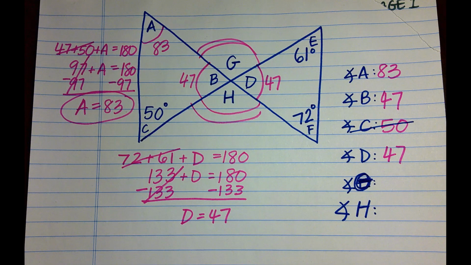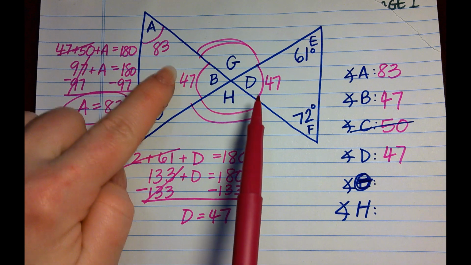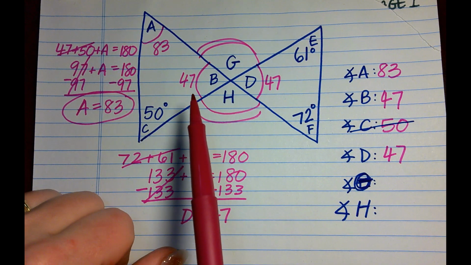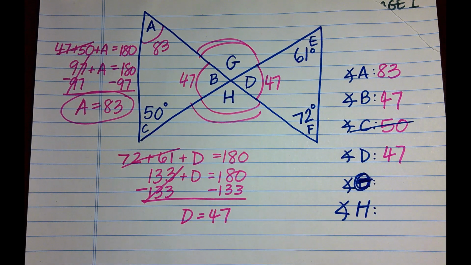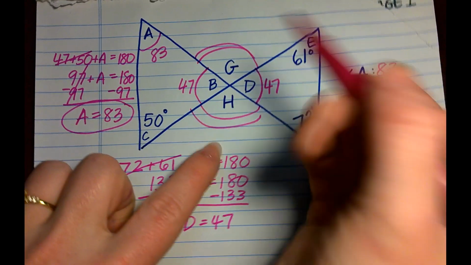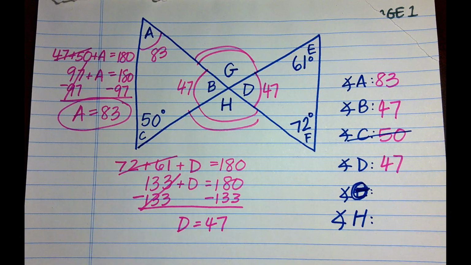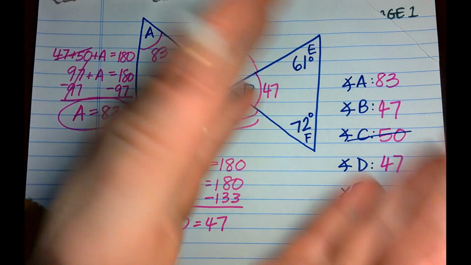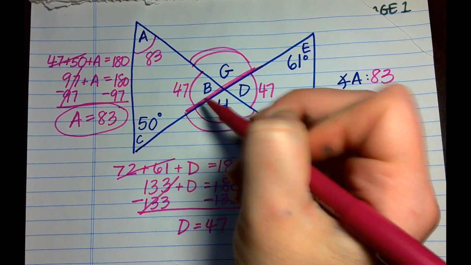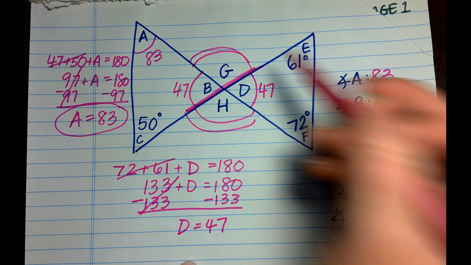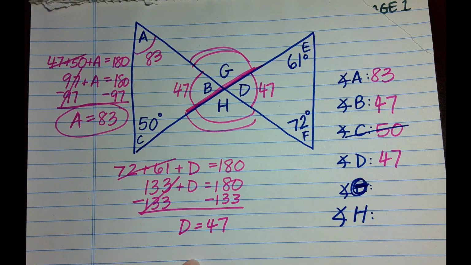We could set 47 plus x equals 180 because B and G are supplementary. I know, it's so easy to mix them up. That's okay. I always remember supplementary is a straight line, complementary is at that corner. So we have a straight line here. These are supplementary. They add up to 180 degrees.